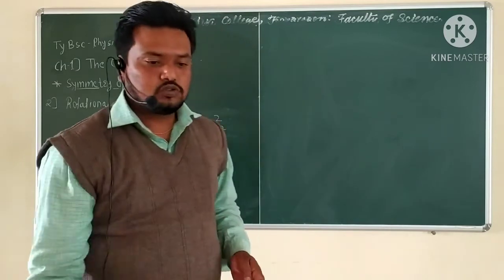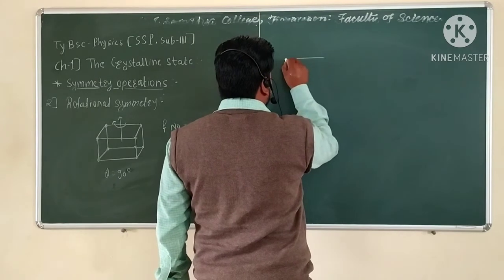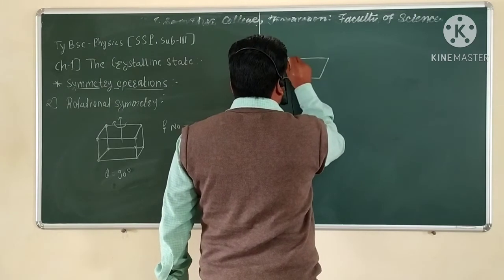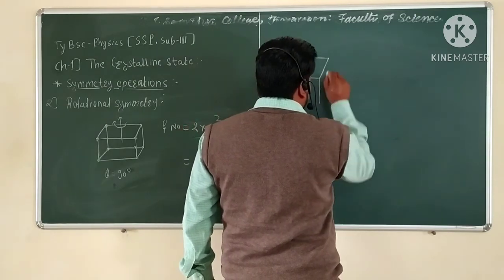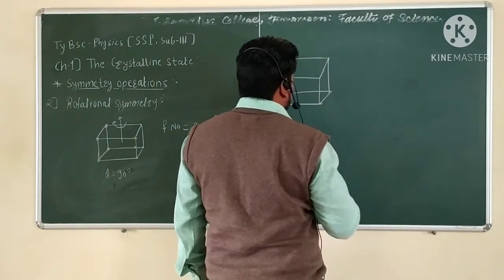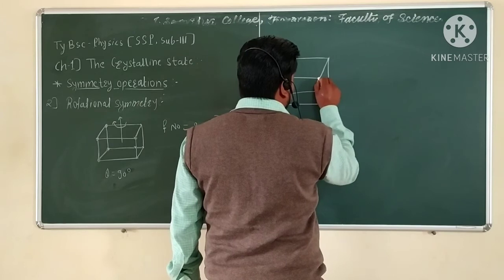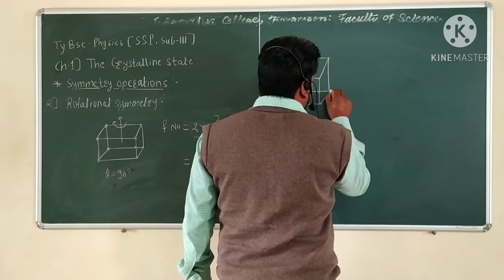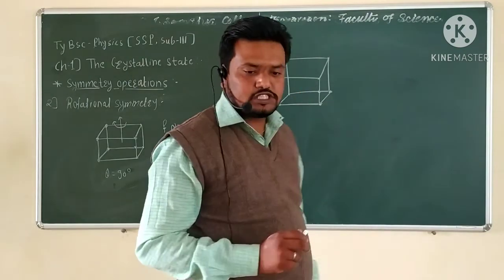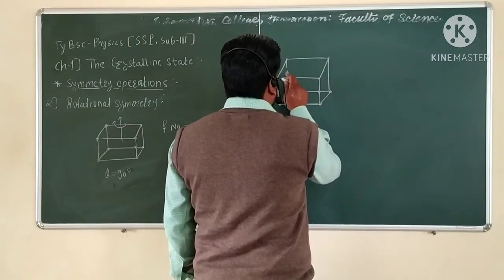For example, the cube structure looks like this type, and this cube structure is rotated by 90 degrees, and at the corner vertices identical atoms are situated.